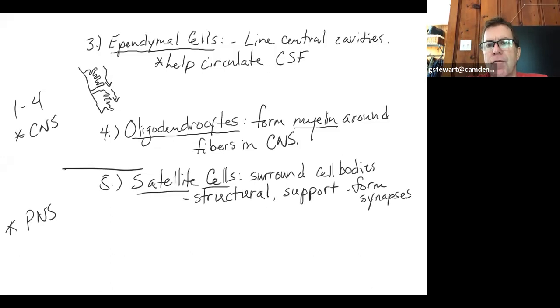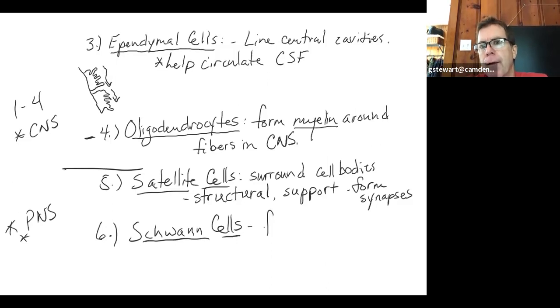In the PNS. And finally, the last one are Schwann cells, which mimic or are very similar to these. They are also found in the peripheral nervous system, but they behave just like these. They form a myelin sheath around fibers in the peripheral nervous system.